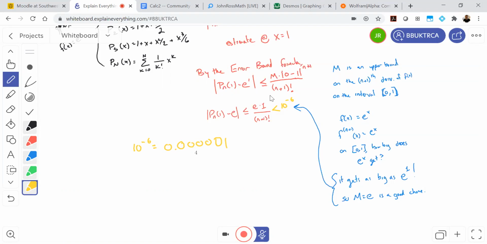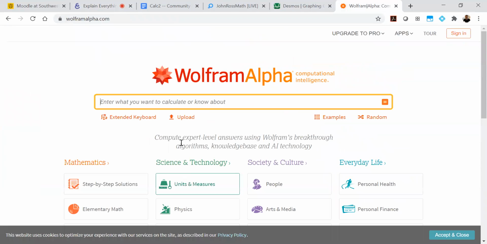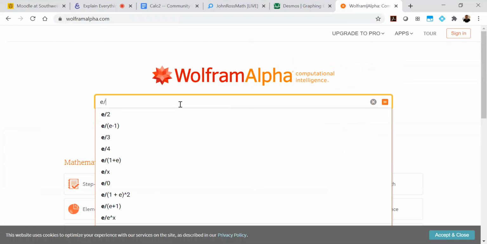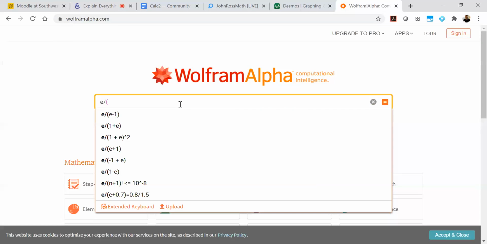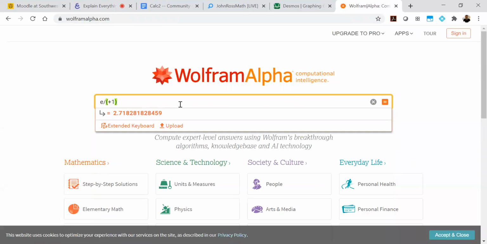We were interested in calculating e divided by (n plus 1) factorial and seeing for which n value that became less than 10 to the negative 6. So let's try 2 plus 1 factorial. That's e divided by 3 factorial, which is e divided by 6.